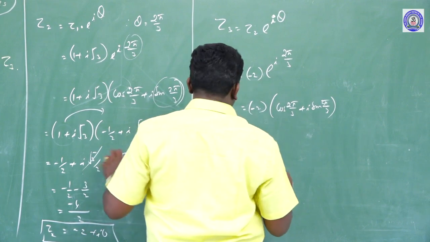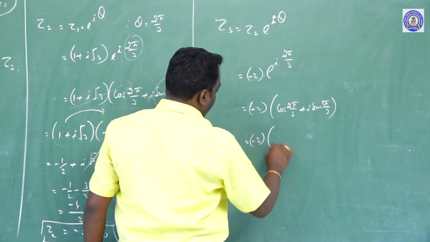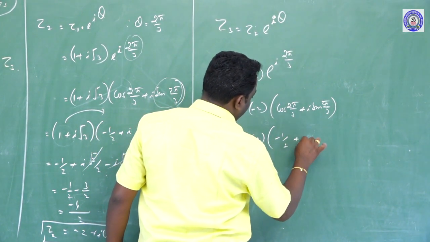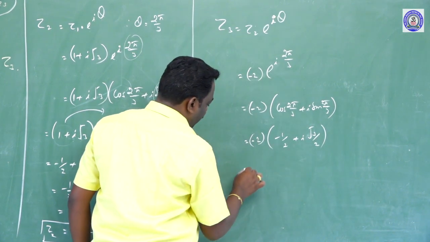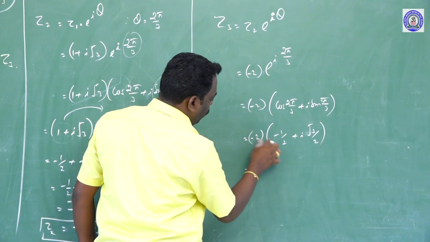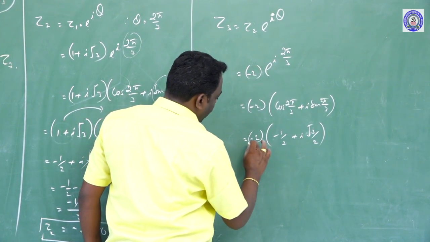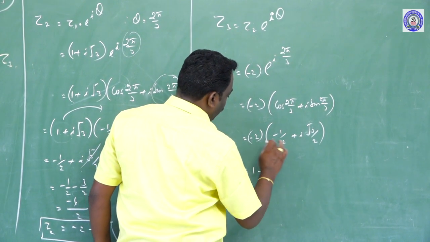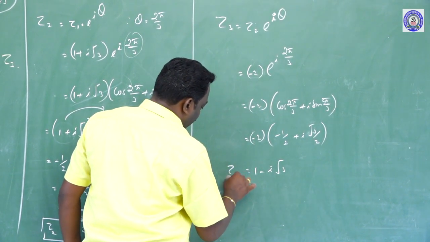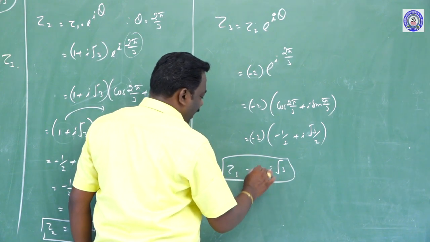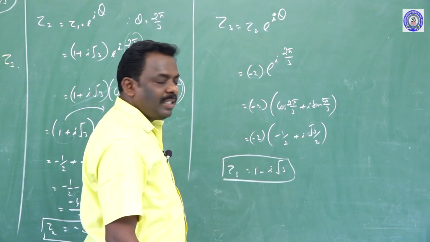Now we already obtained this: minus 2 into minus 1 by 2 plus I into the value we already obtained, root 3 by 2. Multiply inside the bracket: minus 2 times minus 1 by 2 gives plus 1, then minus I, with the 2s cancelling, gives I into root 3. Therefore Z3 equals 1 minus I into root 3, called the vertex 3.